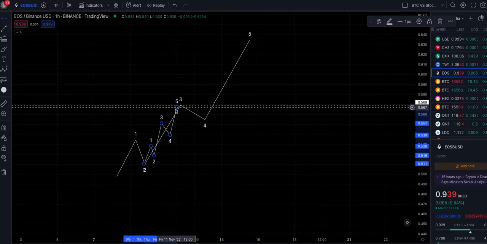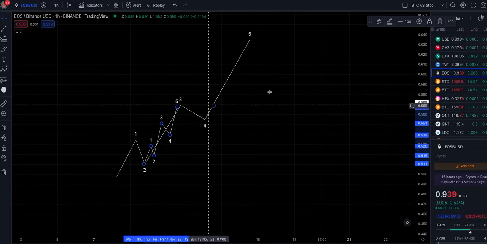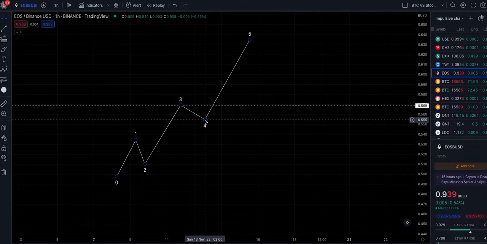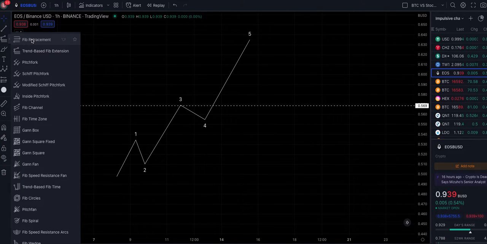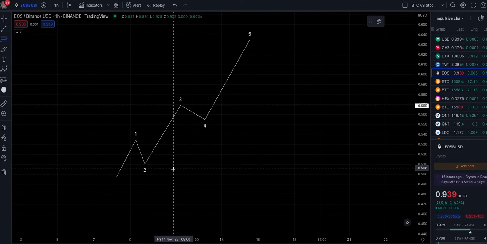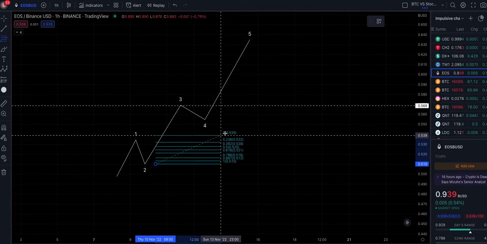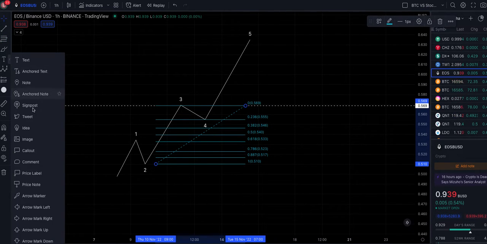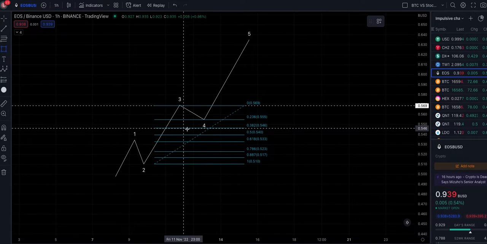You can then say, okay, we now have a clear wave 3 that has hit the 1.618 fib level, and you would then be looking for a retracement in the wave 4. So you would get the fib retracement tool and you would measure from the bottom of the wave 2 up to the top of the wave 3, and then you would be looking for a price target for a reversal to go up in the 5th wave.